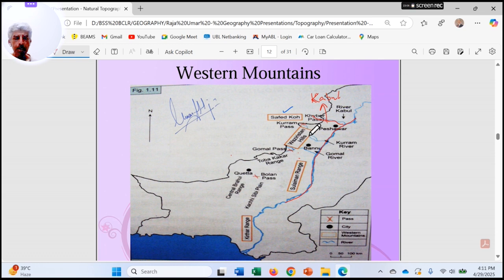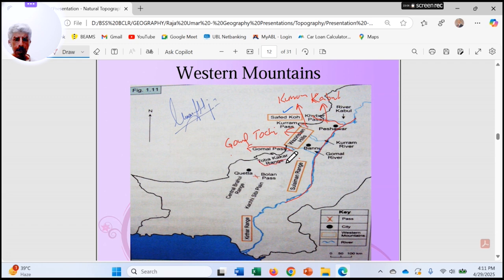Very close to Koram Pass, a river is passing through, that is Koram River. And then Tochi River. And then we have Gomal River. And there is another one, River Zhob.